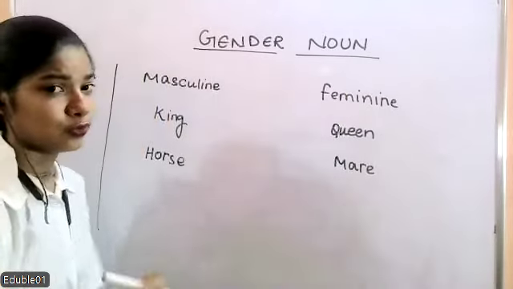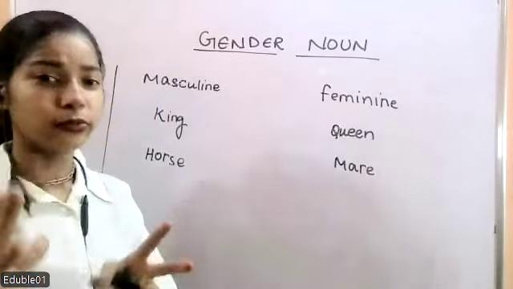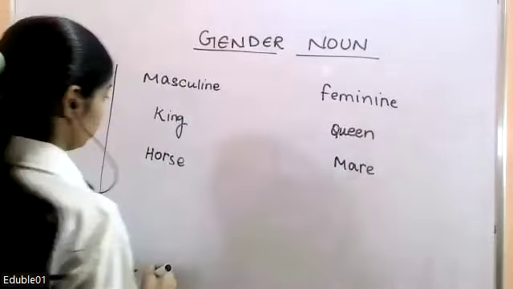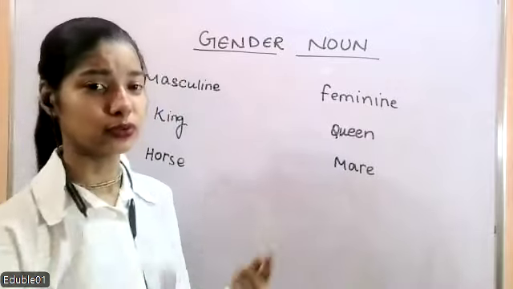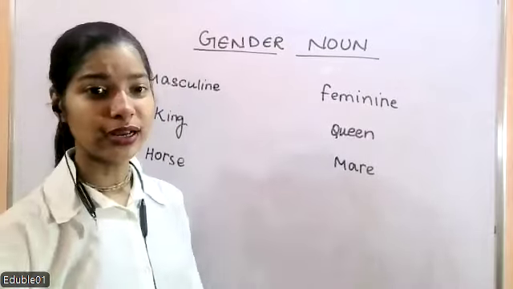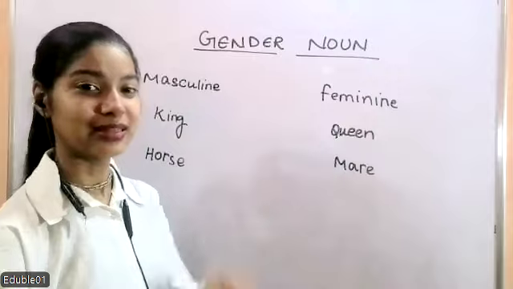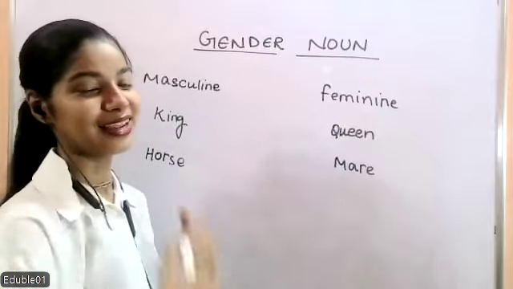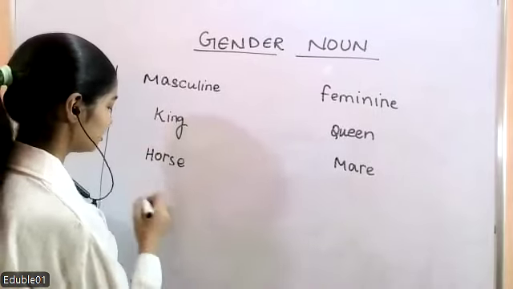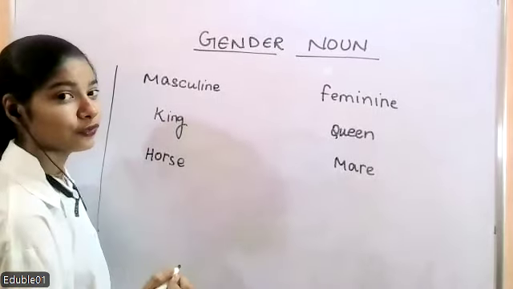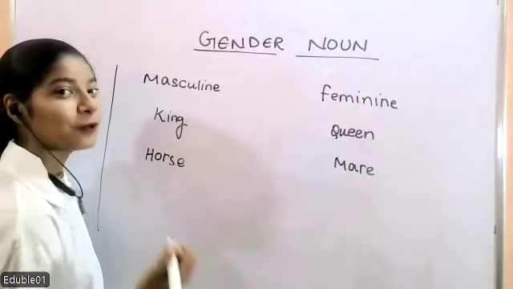Now, you have to try out one or two or four more examples by yourself also. Look around you or think about words which have two genders, male and female, and then convert them into masculine and feminine. So let's take who is the king of the jungle or the forest.